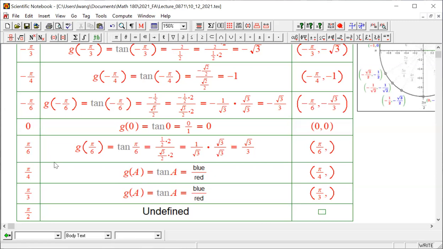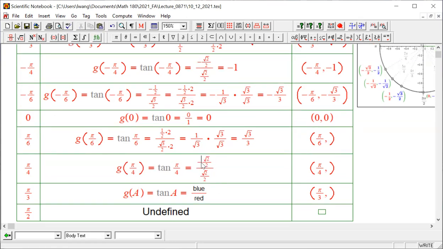So you do this one at a time. Am I too slow? So that's root 2 over 2. Okay, and we got a positive 1. The last one, pi over 3.